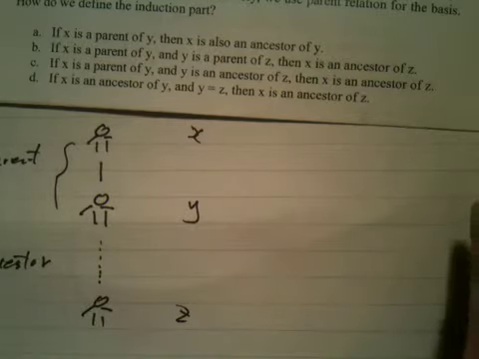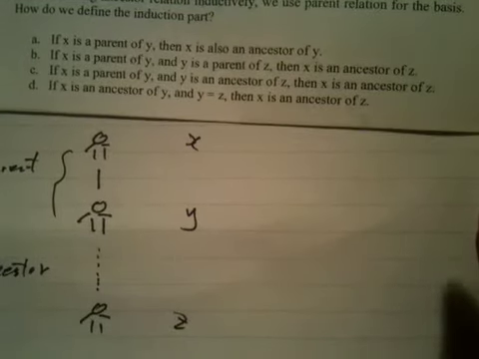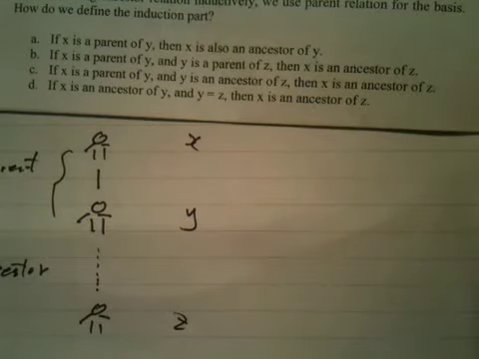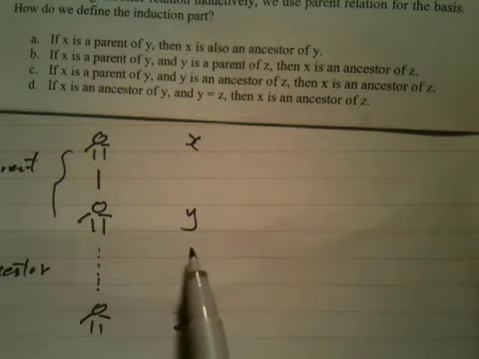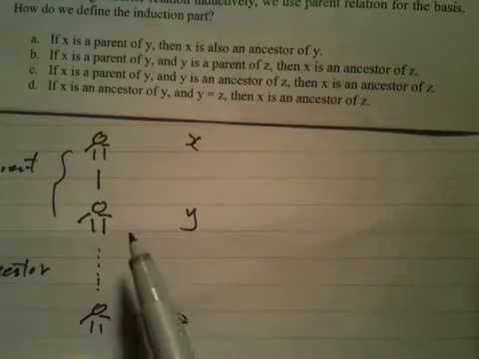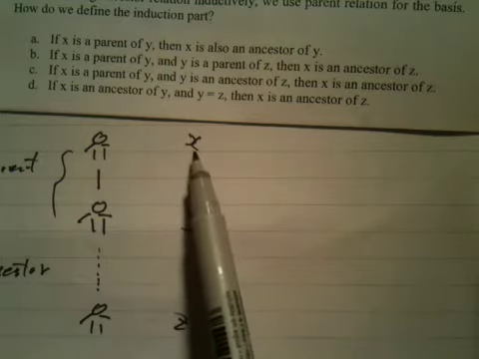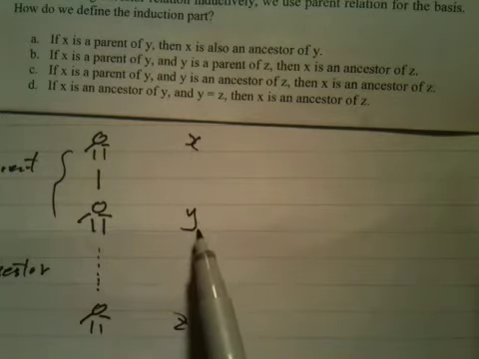Now, if you define the ancestor relationship inductively, you should say: assume I know two persons who are already ancestor and descendant. Also, I know there's a third person, X, who is Y's parent.